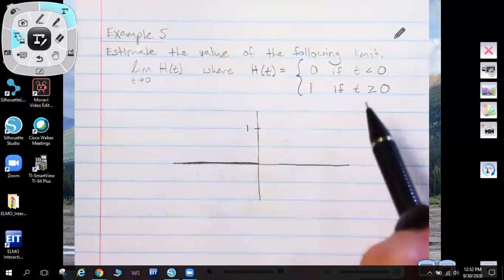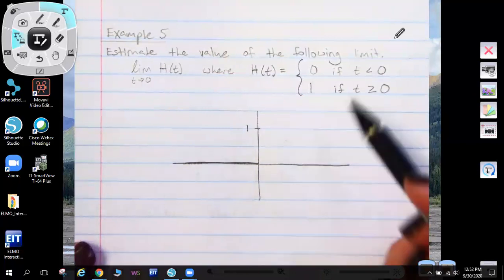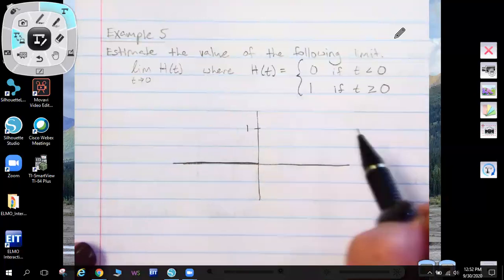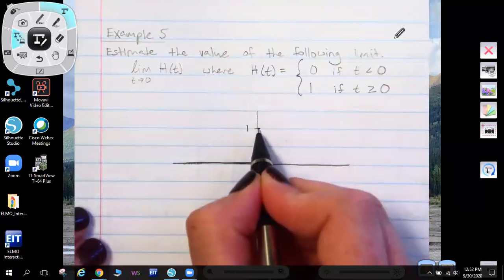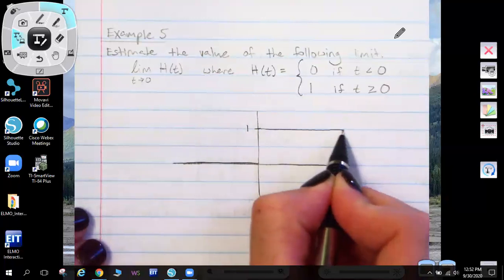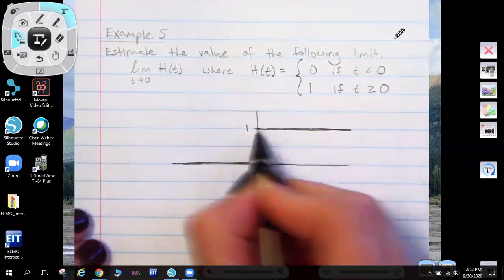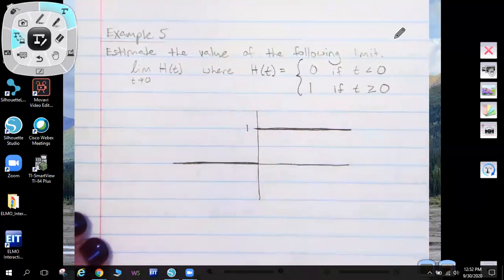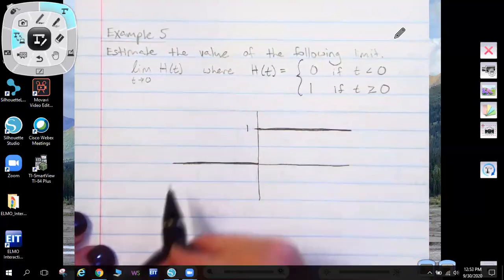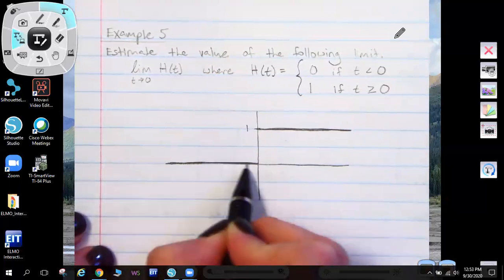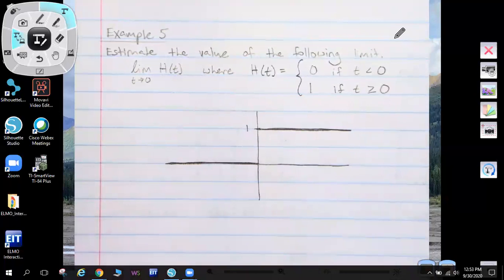When our x values are greater than or equal to 0, the function value is 1. So all of these x values have a function value of 1. The darker lines are our function. So it looks like a step. That's why it's called a step function.